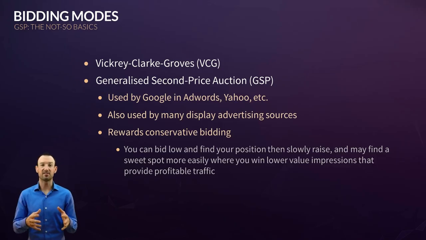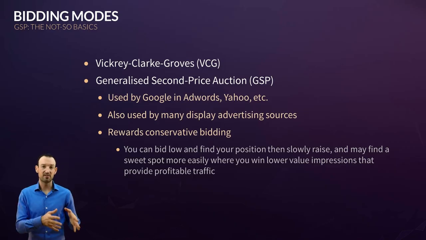It also allows for incorporation of other factors like quality scores in the actual bidding process, and it makes it easy to show bidders their position amongst their competitors because of the cascading nature of the bidding process. GSP is most notably used by Google AdWords, as well as Yahoo, and it's used on most or many display advertising sources.